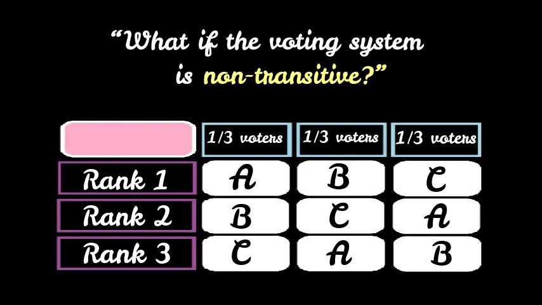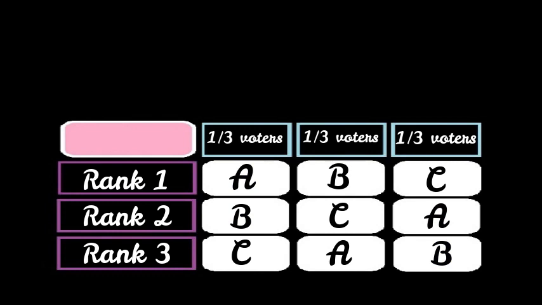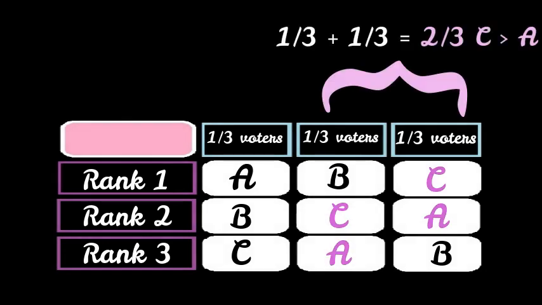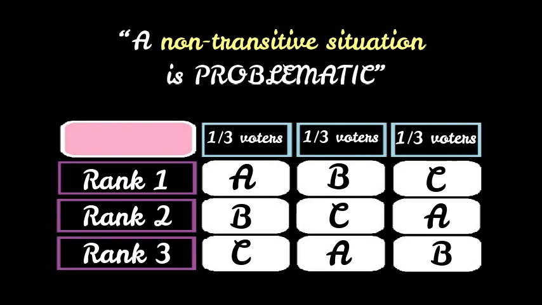As shown in the table, 1/3 of the voters ranked A as first, B as second, and C as last, while the other 1/3 of the voters ranked the candidates B, C, A, and another 1/3 of the voters ranked the candidates C, A, B. Taken in pairs, 2/3 of the voters prefer A to B, other 2/3 of the voters prefer B to C, and another 2/3 of the voters also prefer C to A. This non-transitive situation is problematic because no candidate stands out.